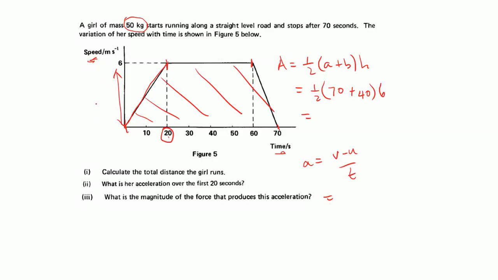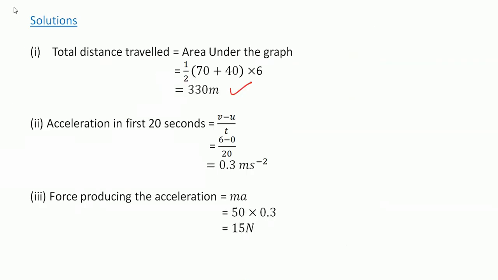In this case, your final velocity, or speed, is 6, initial was 0, and your time is 20 seconds, right? Again, I have worked this out here. So it's 6 minus 0 over 20, which gives us 0.3 meters per second squared, right?